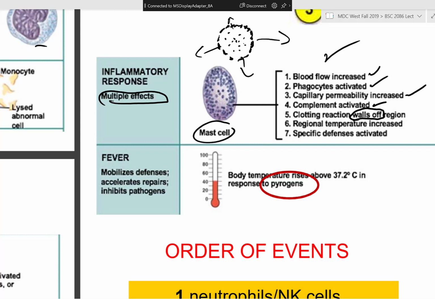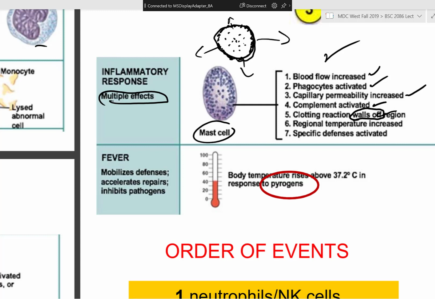What am I doing? I'm creating a what now? A barrier. I'm creating a wall. And that's what they do. They wall off. Means things can come in, but nothing can do what? Come out. Why do we do that? To prevent the infective organism or antigen from spreading through the nearby tissue or cells.